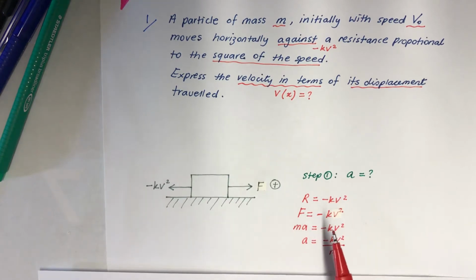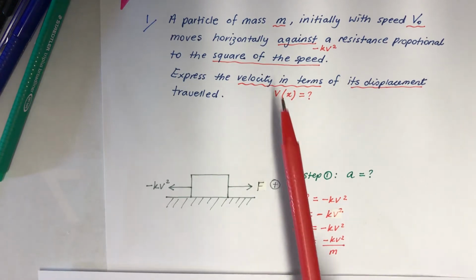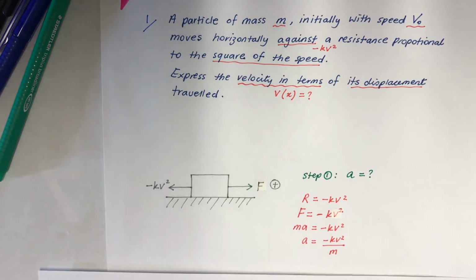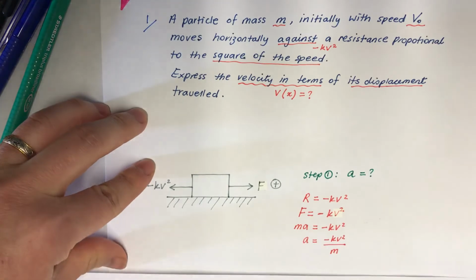That means ma equals minus kV squared, but we change it because with the acceleration we can change this one in terms of v with x. So like you know, there's a equals v dv over dx, right? So we can use that. So that's why it's important to change into a equals.